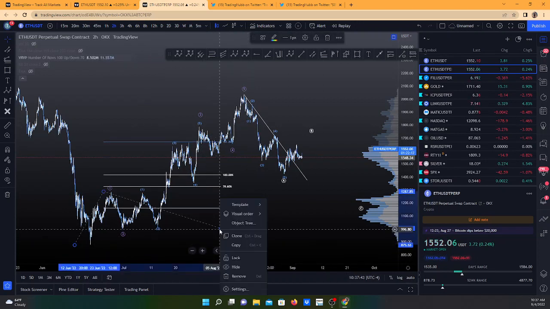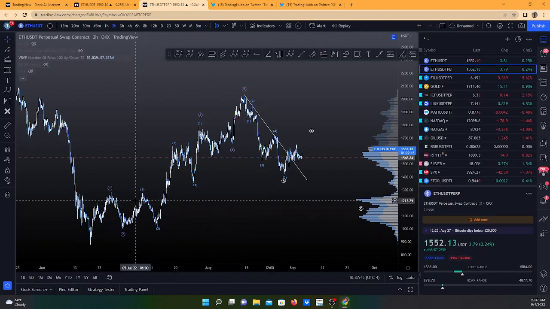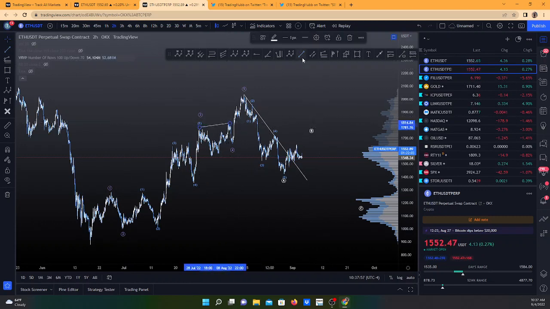So other than this little flat part in the middle here, I think this plays really well as an impulse. You also have perfect alternation. So sharp 1 of this purple, sideways 4. Flat. Good alternation. In this second one too, sharp 2, sideways 4 with the expanded flat. So good alternation there for the impulse.